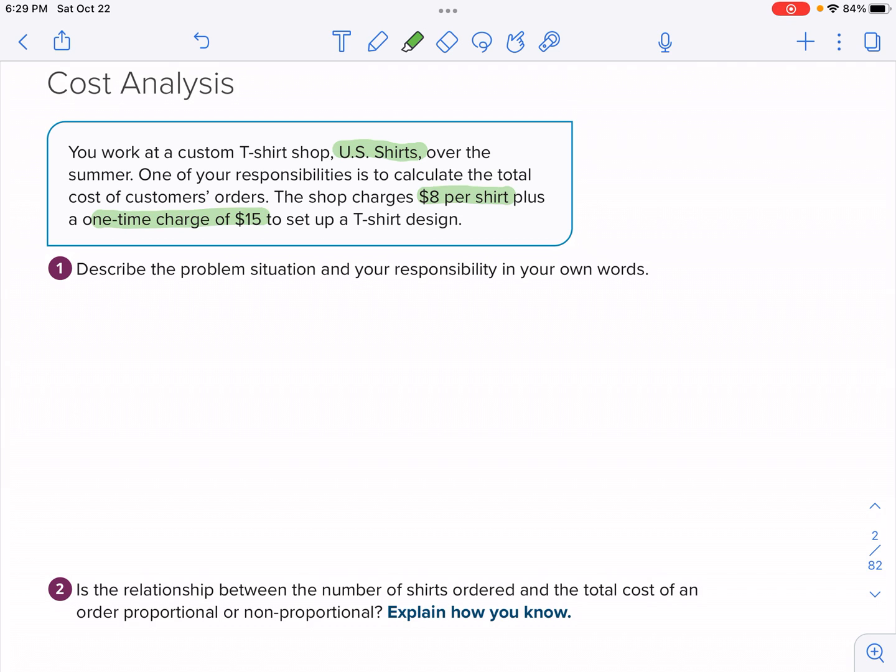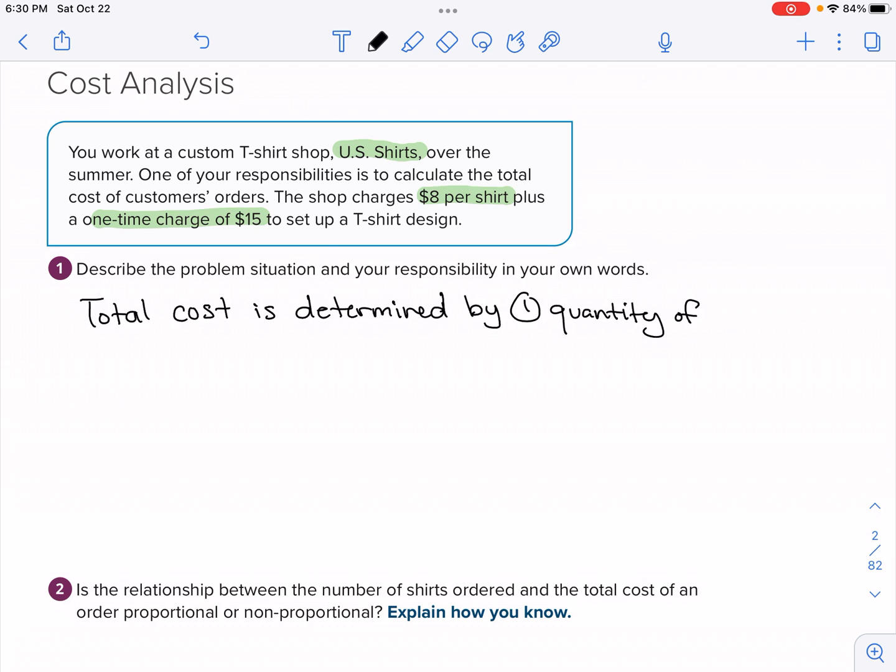Okay. So number 1, describe the problem situation and your responsibility in your own words. Okay. So we're going to say that the total cost is determined by a couple of things. We're going to say the first thing is quantity, so the number of shirts, and we'll just put in parentheses, this is $8.